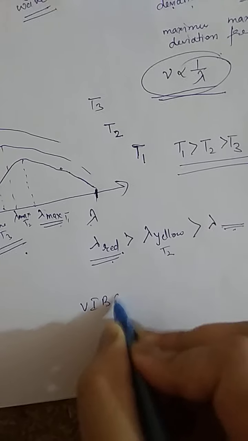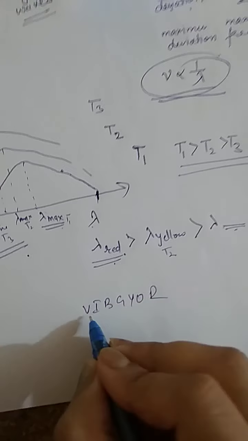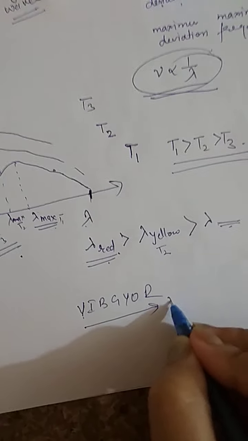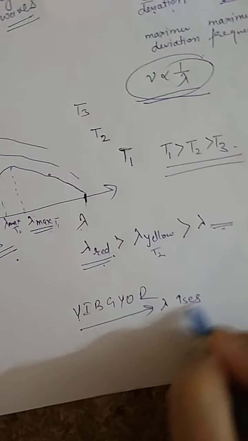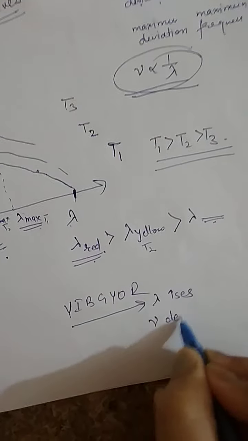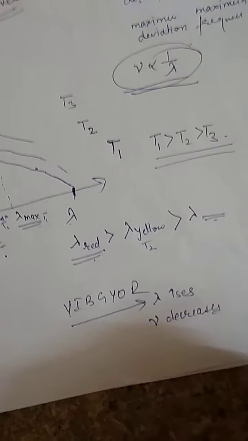For VIBGYOR, as we move from violet to red color, wavelength increases and frequency decreases.